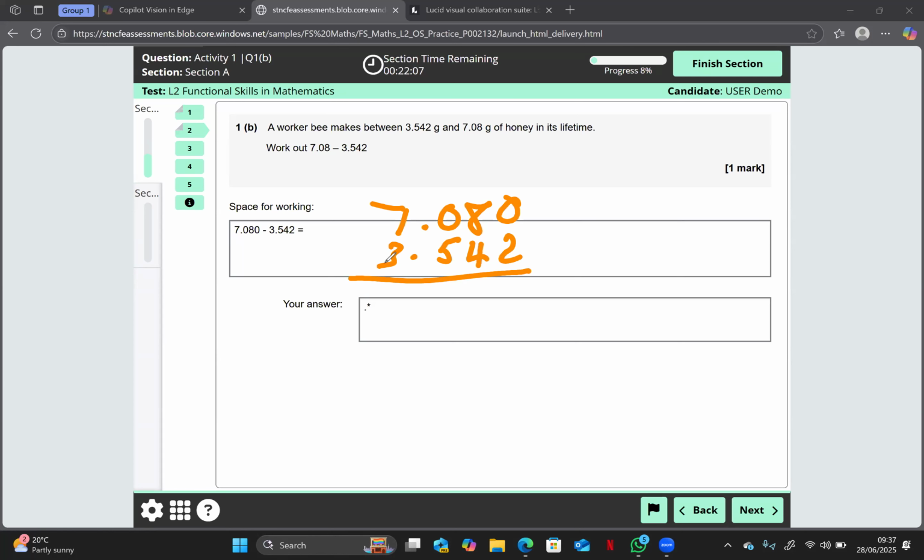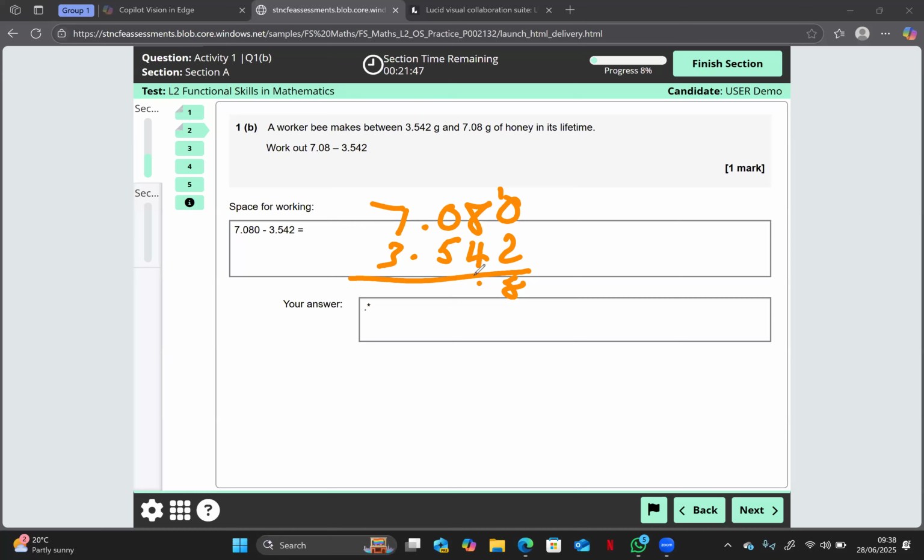All I would do is carry the 1, and remember this would be 8. Then we remember that 1 there, so we take away 1 from here. So 8 minus 4 minus 1, which is 3.